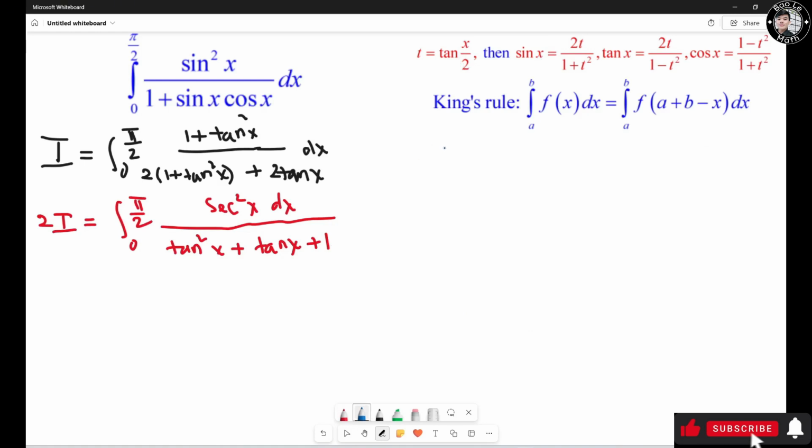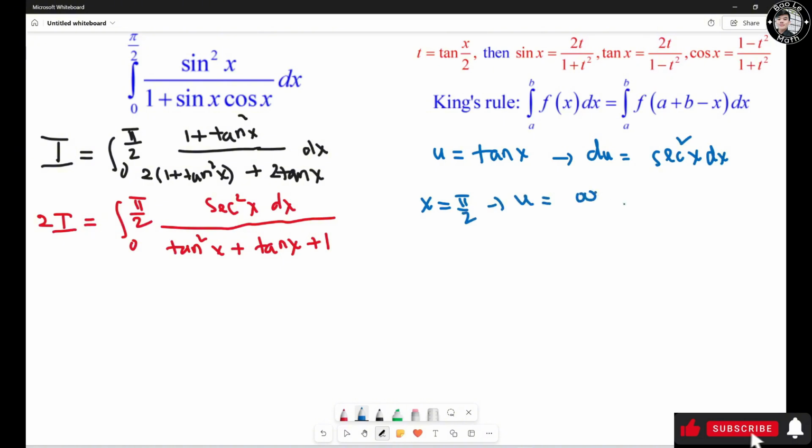Now let's use substitution. I'm going to let u equals tangent s, then du equals secant squared of s ds. Now I'm going to change the bounds. The upper bound is s equals pi over 2, then u equals tangent of pi over 2, which is undefined, so it can be infinity.